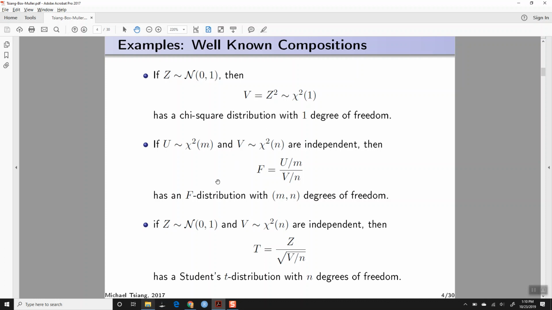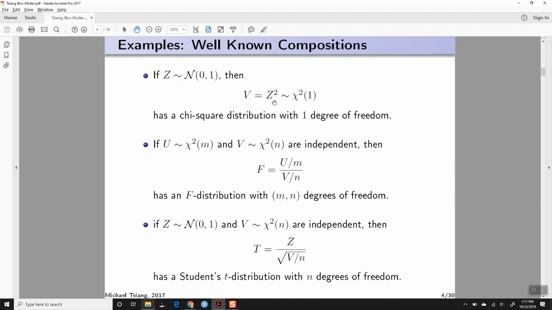The F distribution is you take these two chi-squared distributed variables, and then you take the ratio between them. So you do chi-squared with m degrees of freedom, chi-squared with n degrees of freedom, and then you do u over m, v over n, and you get this F distribution. Which in and of itself is a little hard to wrap our heads around. When you look at the F distribution, it's got this weird tail and all of this stuff.